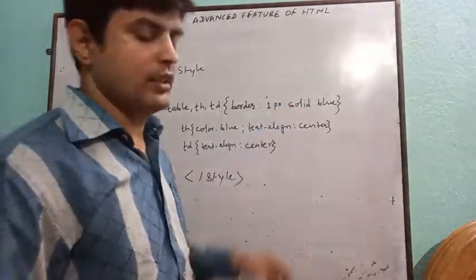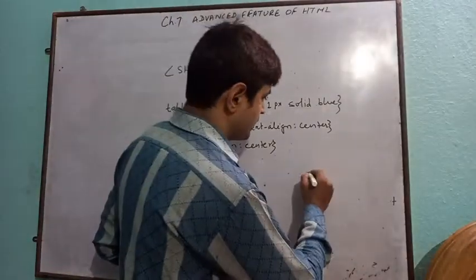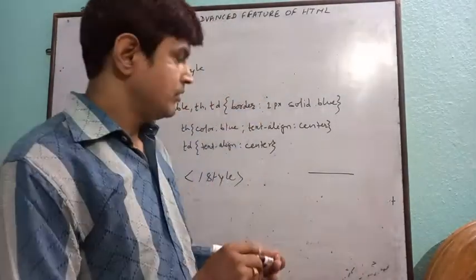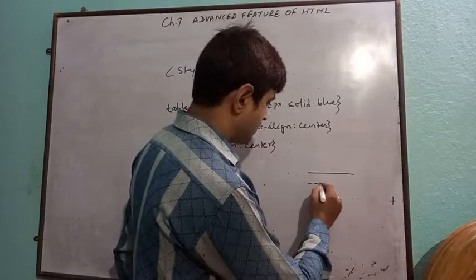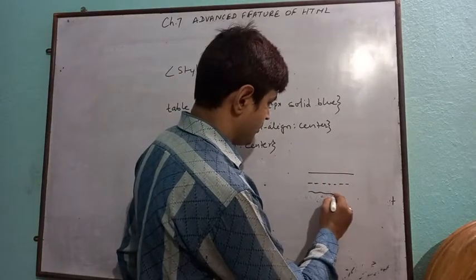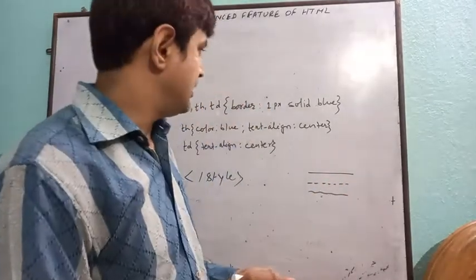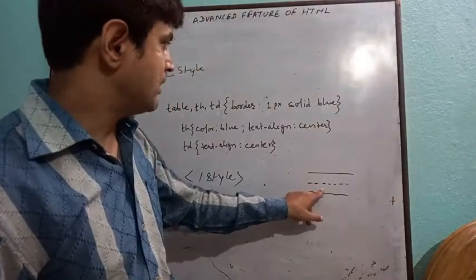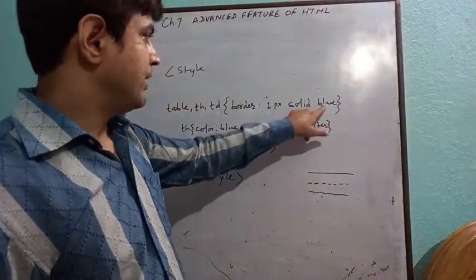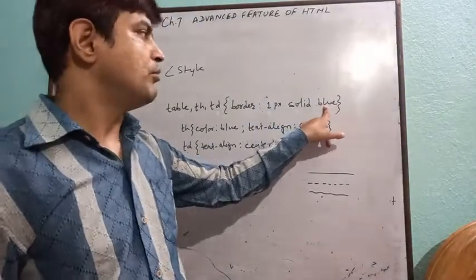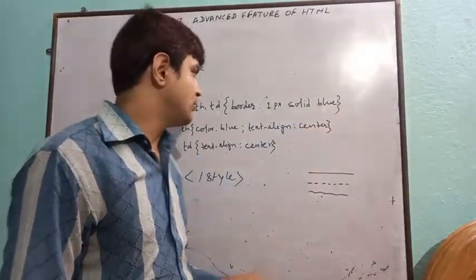The border style is solid. Solid refers to a straight thick line. There may be other styles like this or this. I can't remember their names right now, but this is solid. And the next value is border color. This will be the color of the border.